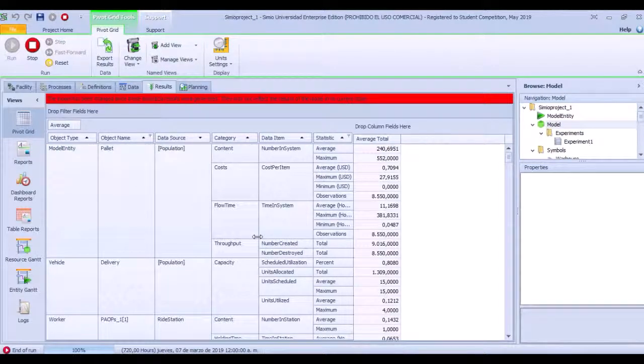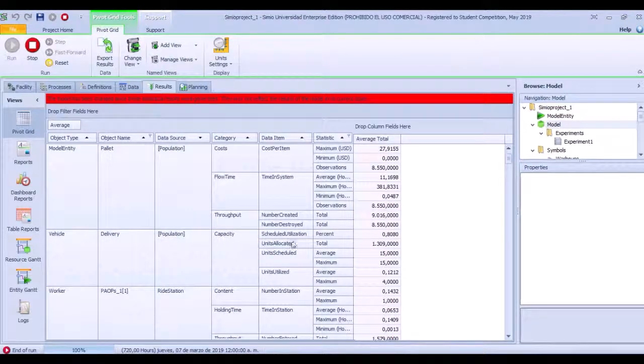Here is a 30-day run of our Simio file. We can tell that the pallet was produced by the source 9,016 times, and then destroyed or sent to a specific aisle 8,550 times.